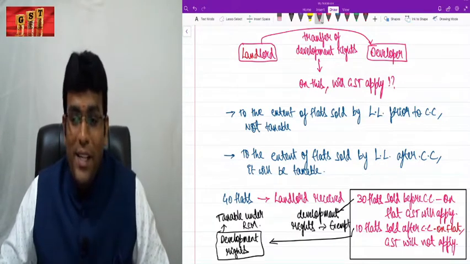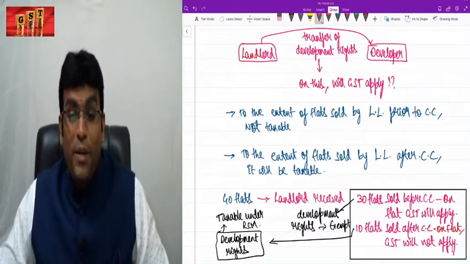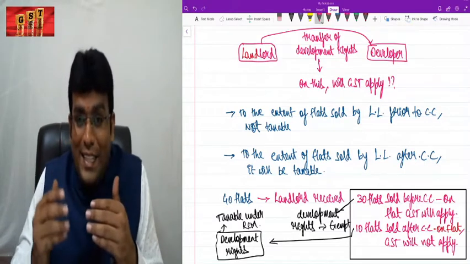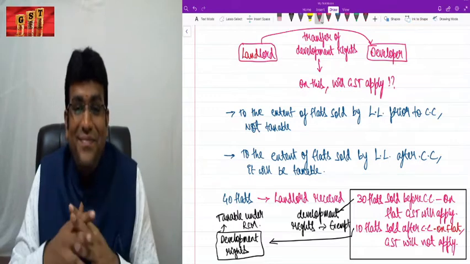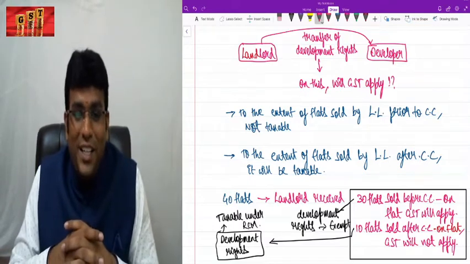Clear, my dear friends? Come on, makes sense, right? Extremely wonderful concept, because we are trying to talk about the taxability of transfer of development rights. Something very interesting and important.